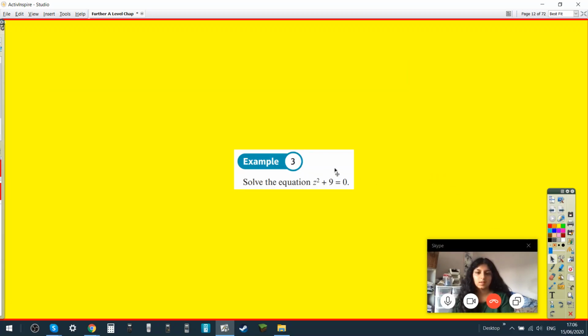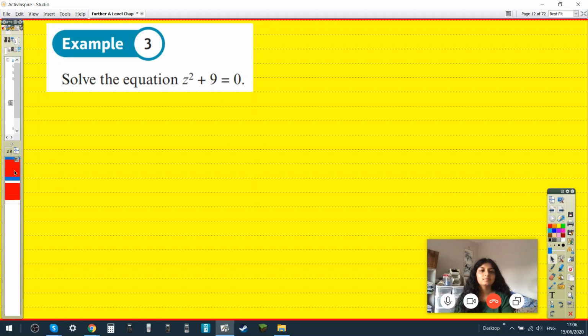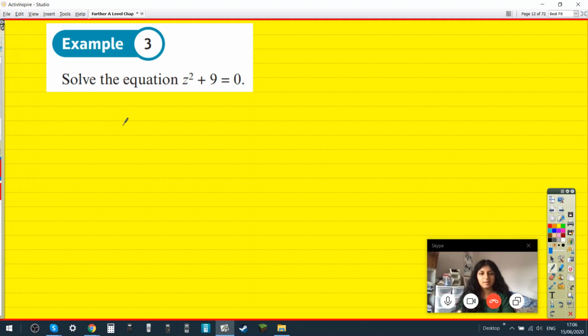What's this about? z squared plus 9. So this would be like z plus 3, z minus 3, because it's like the difference of squares. Wait, that's only when you subtract. Never mind. I guess you could see z squared is equal to minus 9.